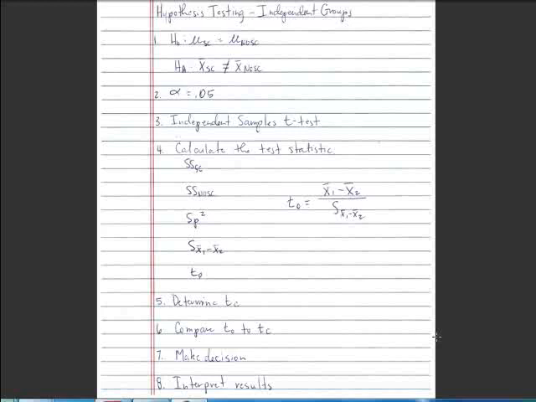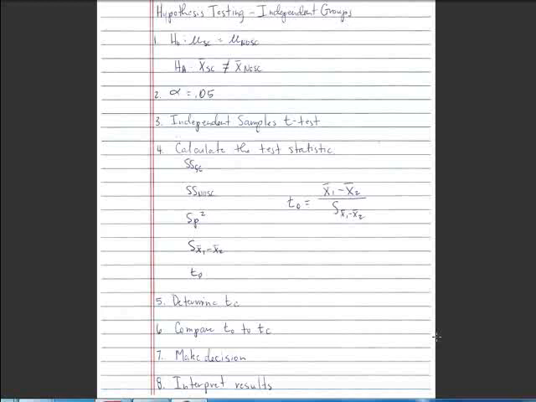All right, let's take a look at what you see in front of you. These are the 8 steps that are outlined for you, and we'll start at number 1: state the null and alternative hypothesis. The null in symbols is H sub 0: mu sub scented is equal to mu sub no scent.